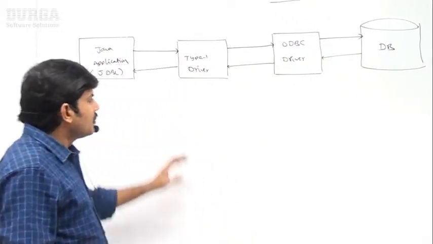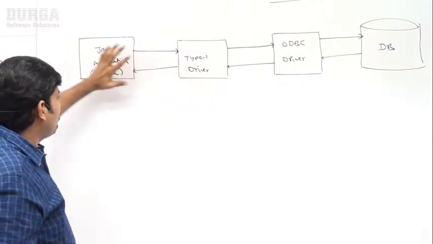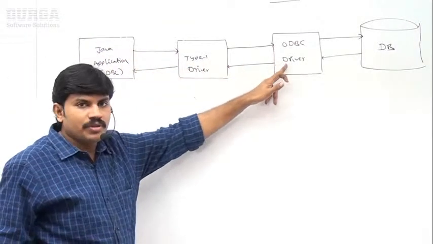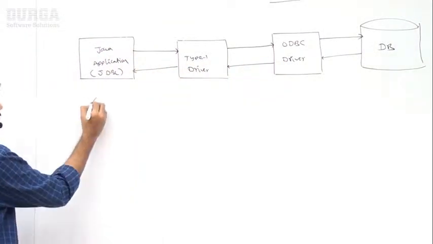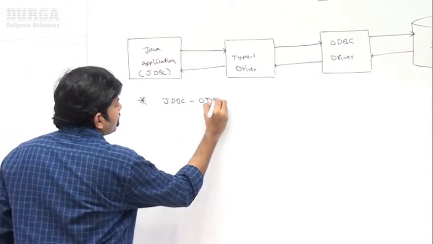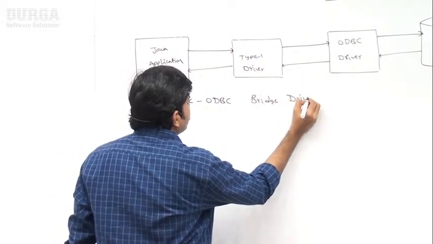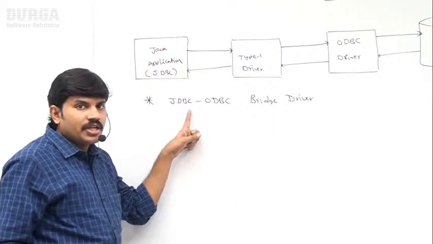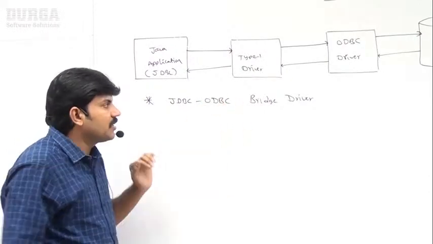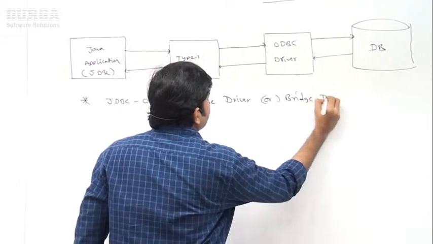This driver acts as a bridge between our JDBC and ODBC. That's why this driver is also known as the JDBC ODBC bridge driver. Have you remembered? Somewhere I covered it in the last video. JDBC ODBC bridge driver, or simply we can use the word bridge driver, right?